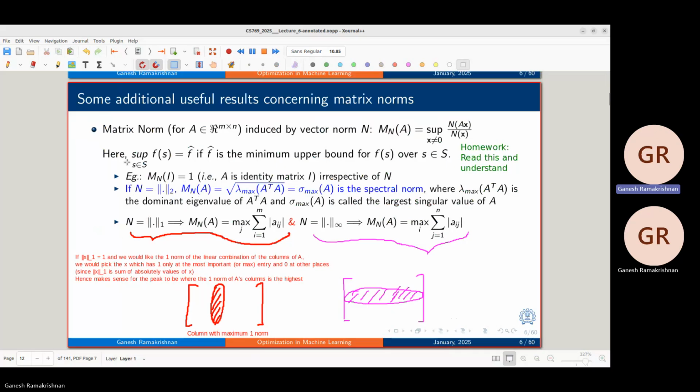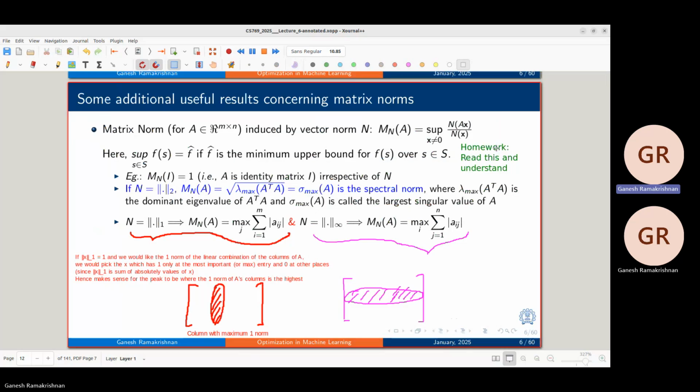Okay, so this is called MNA. Give it a name. This is a vector norm induced matrix norm.